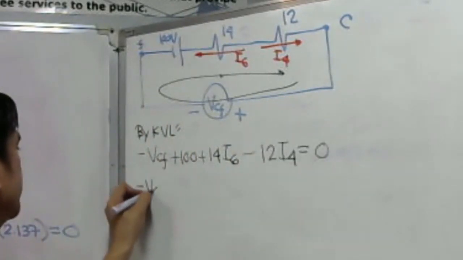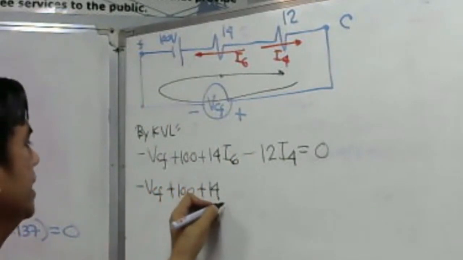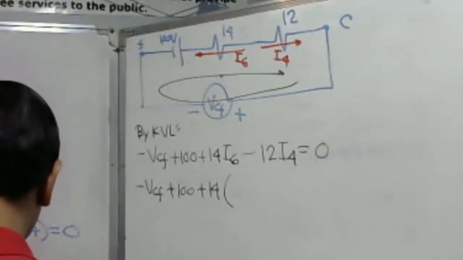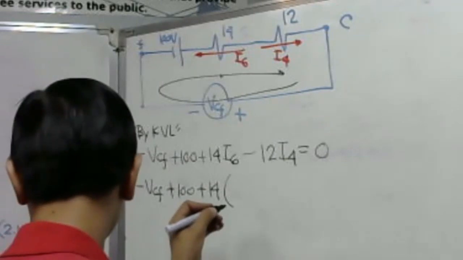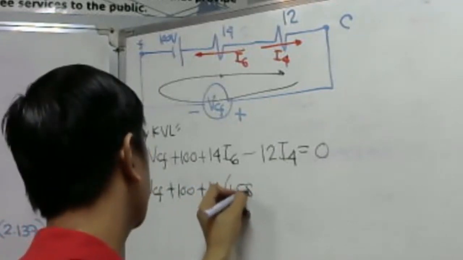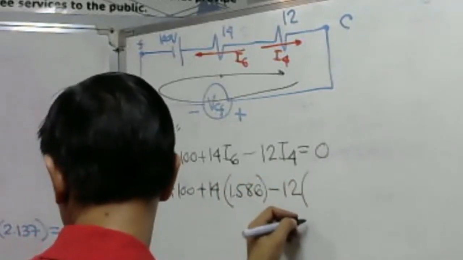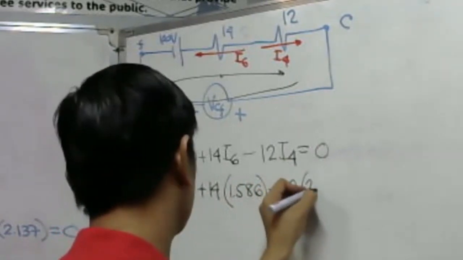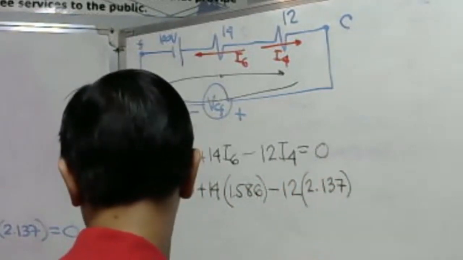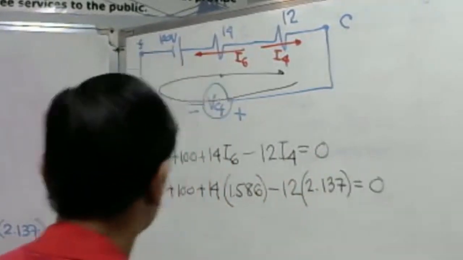Okay, negative VCF, let us just substitute. So we have here 100 plus 14 times I6. What is our I6? We got 1.586, minus 12 times I sub 4. I4 is 2.137. 2.137 is equal to 0.